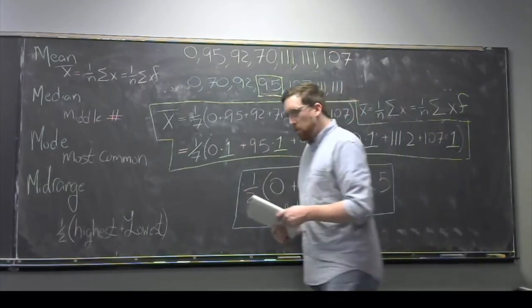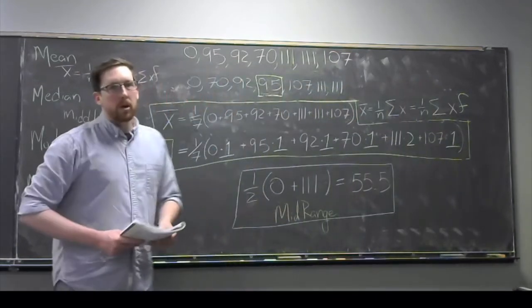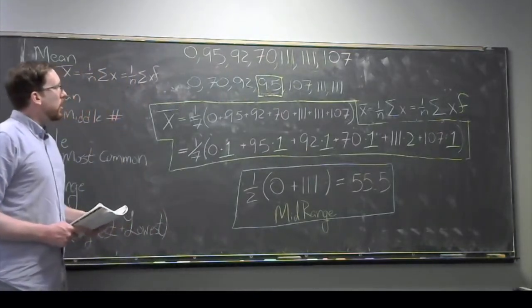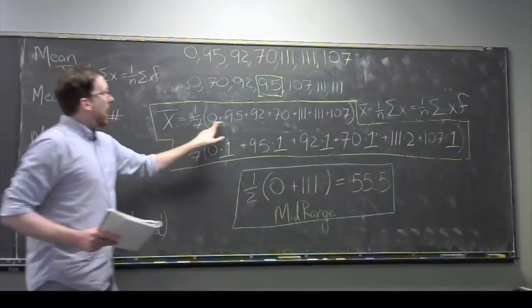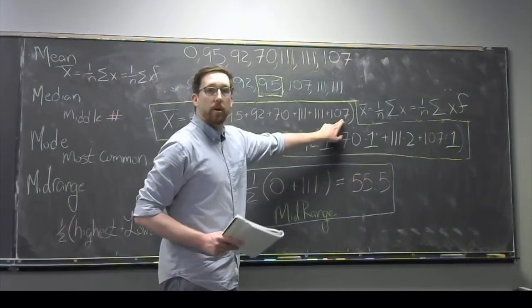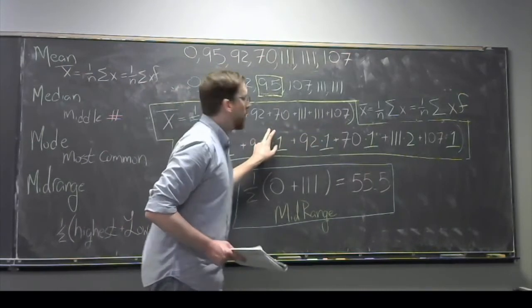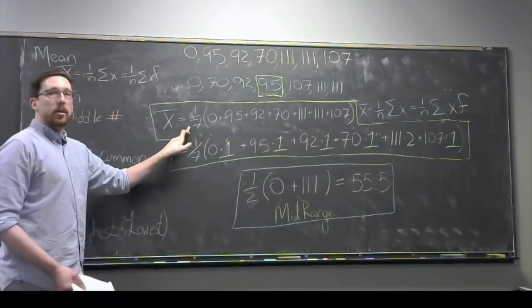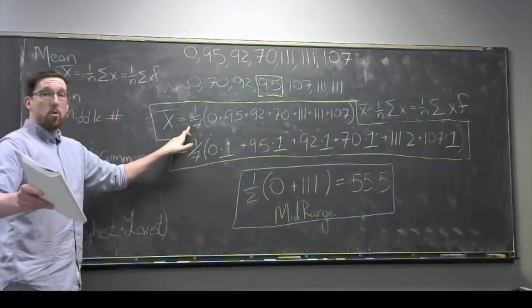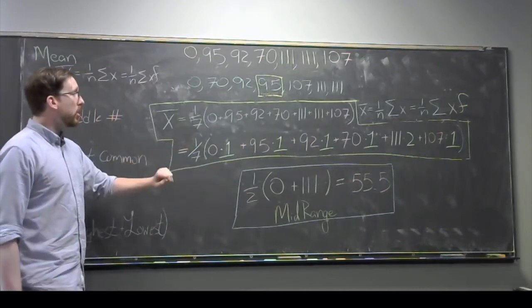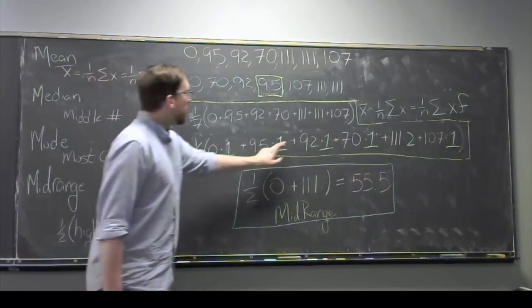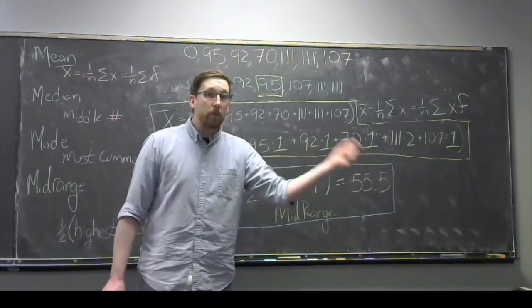Then I said, all right, cool, let's find the average now. To find the average, we added up each of the elements and we divide by 7. Or we can go through and say, add up each of the unique elements times its frequency.